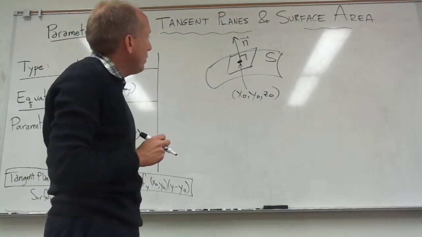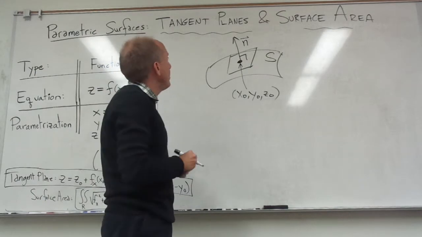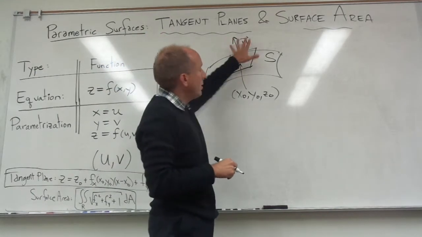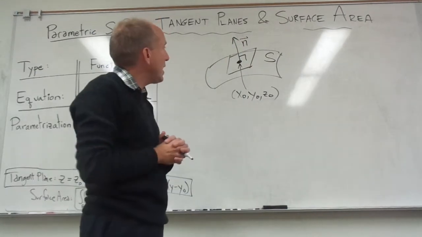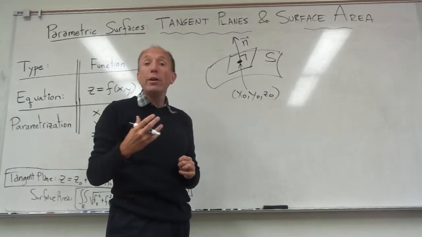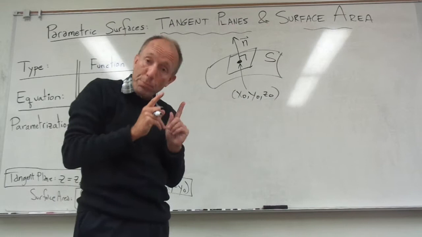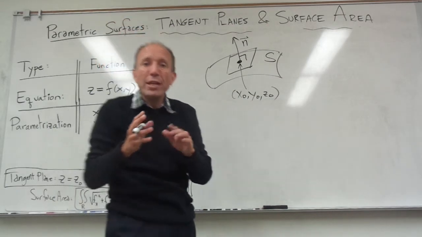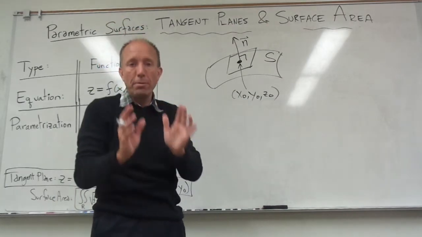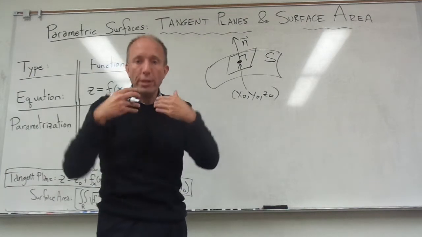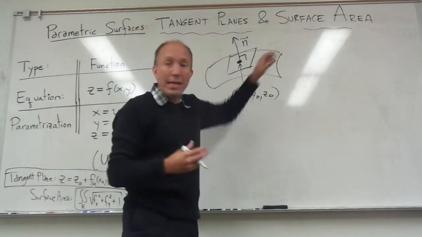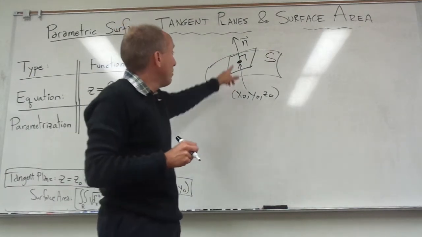And we've talked about this a lot when we've been trying to understand planes in this class. And one of the things that we've learned is that one way to get a normal vector is to take a cross product of two vectors that are actually in the plane. Or in other words, that are tangent to the surface S at the given point.